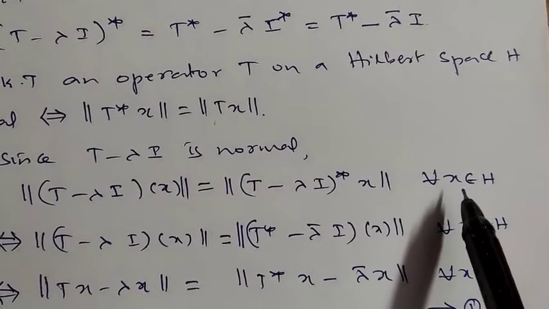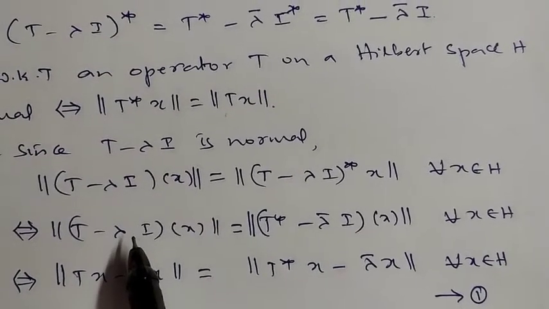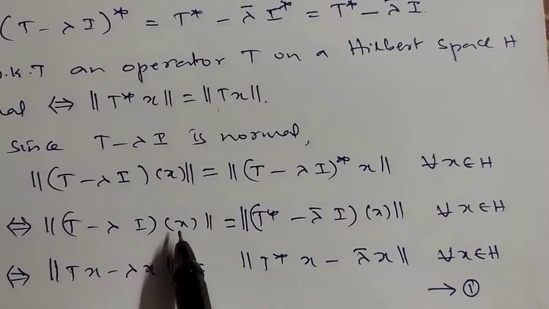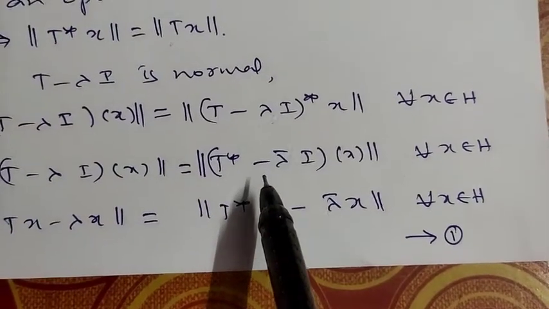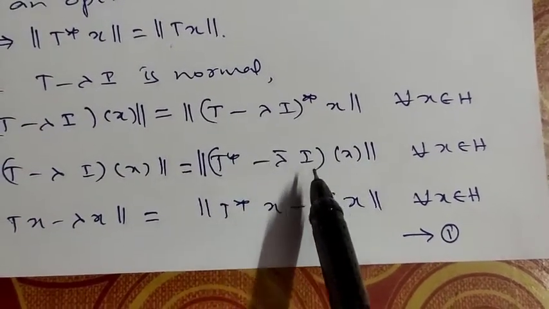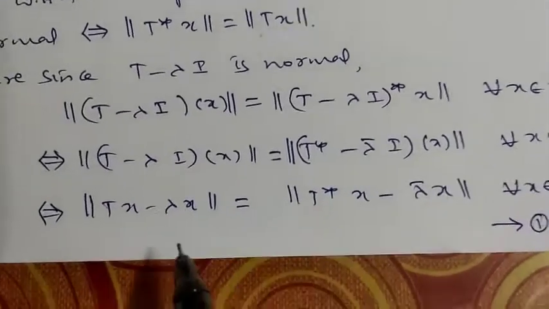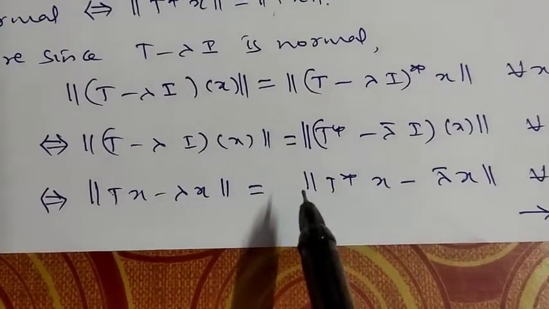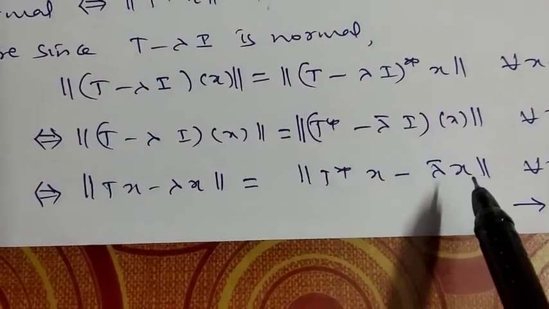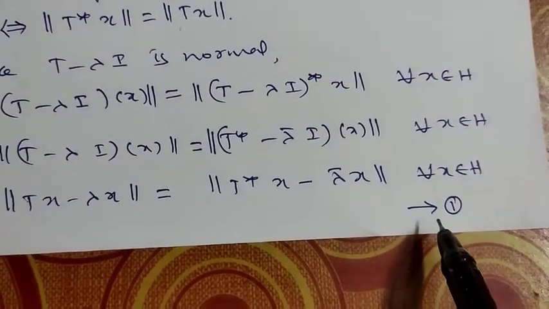This holds for every x belongs to H. This happens if and only if norm of T minus lambda I of x is equal to norm of T star minus lambda bar I of x for every x belongs to H. So this happens if and only if T of x minus lambda x is equal to T star of x minus lambda bar x holds for every x belongs to H. Call this number 1.